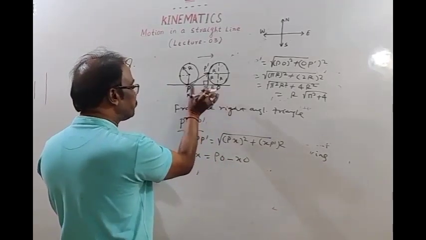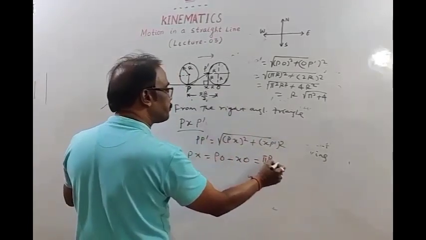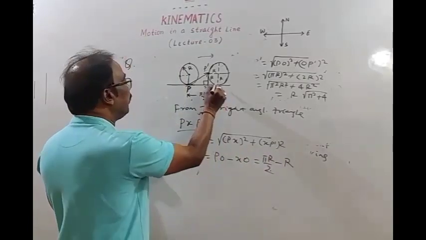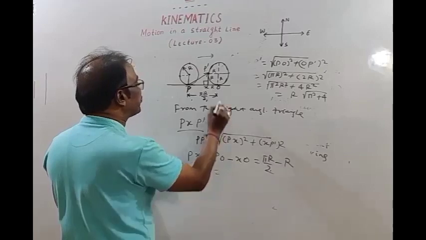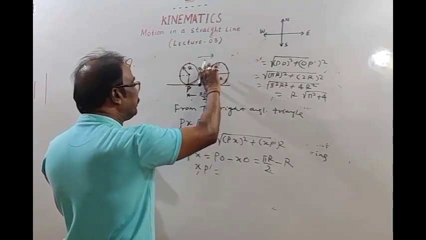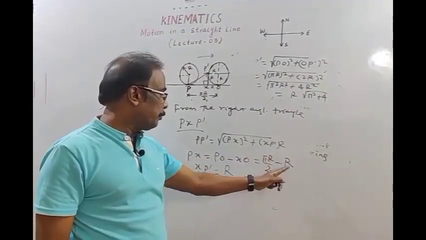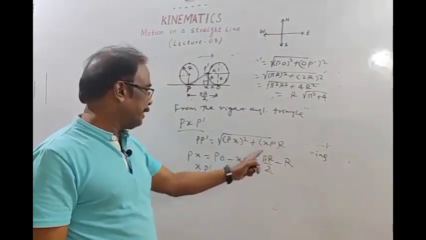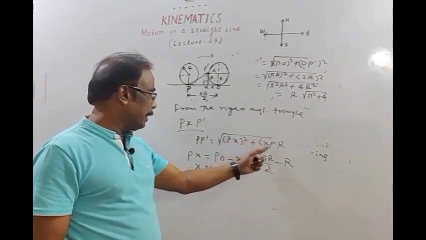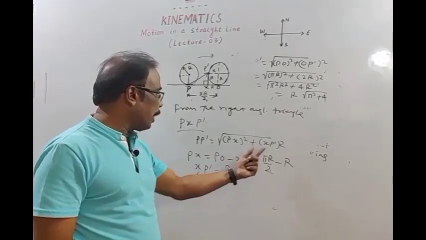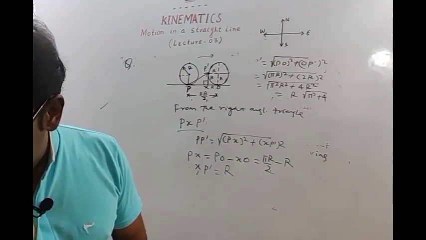Then PO is pi R by 2, XO is R. Similarly, the perpendicular XP dash is equal to the radius, R. Now put your values: in place of PX, pi R by 2 minus R, and in place of XP dash put R, and you can solve it now. Okay. The next question.